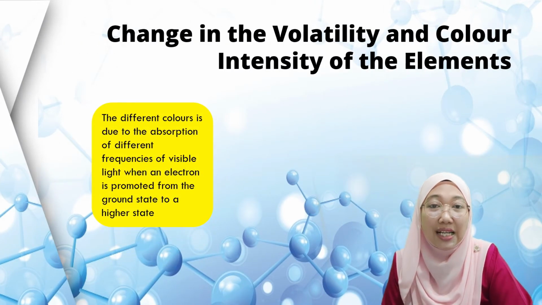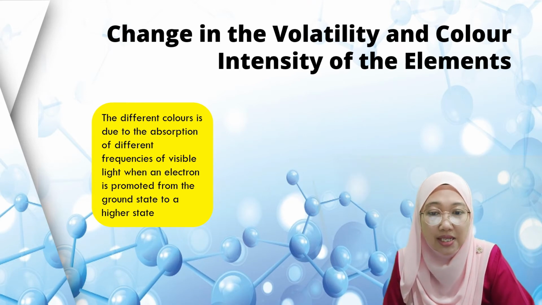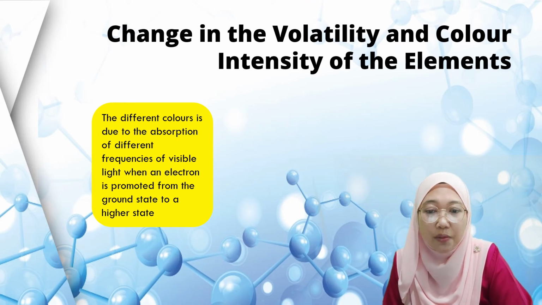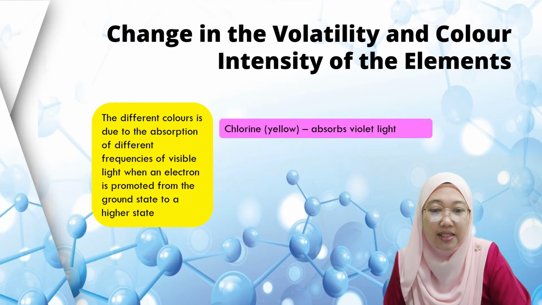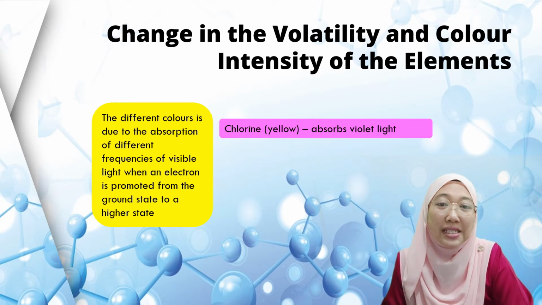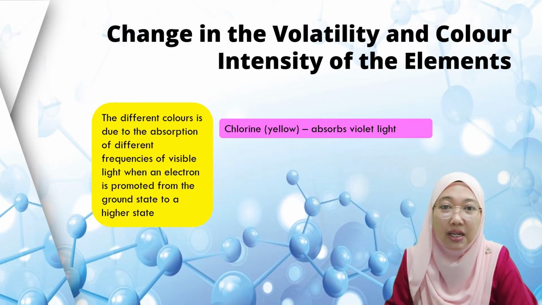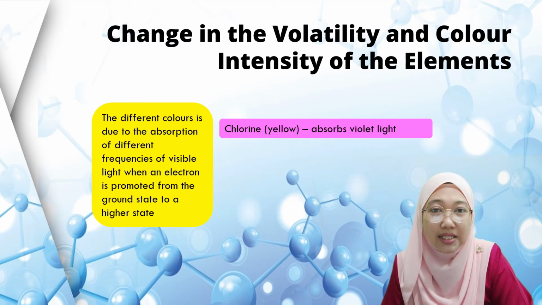So the different colors is due to the absorption of different frequencies of visible light when an electron is promoted from the ground state to a higher state. Okay, masih ingat lagi ground state, higher state? Okay, dalam semester 1 kita dah belajar apa dia ground state, apa dia higher state.